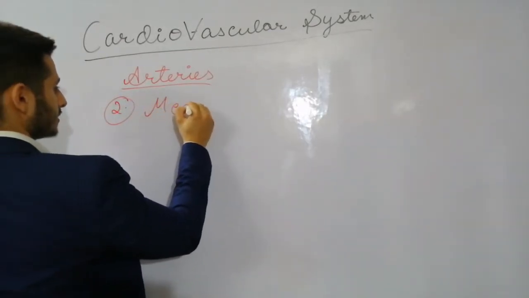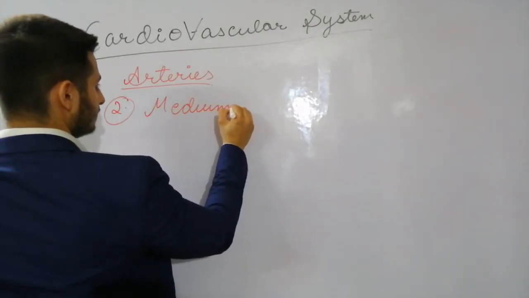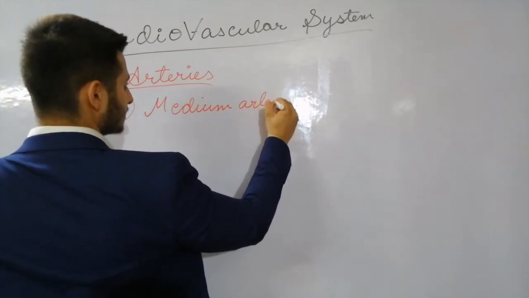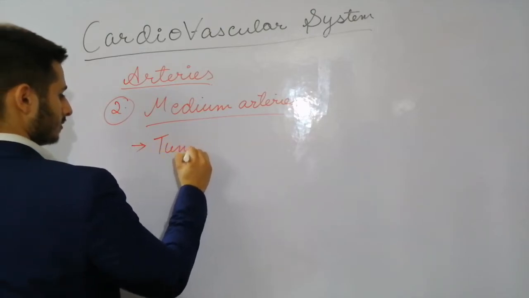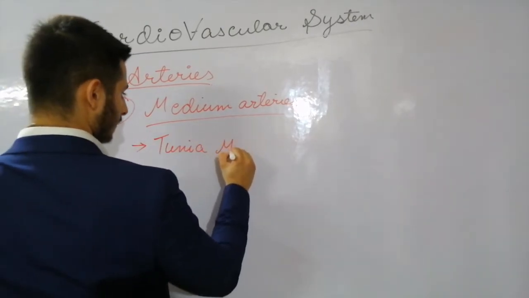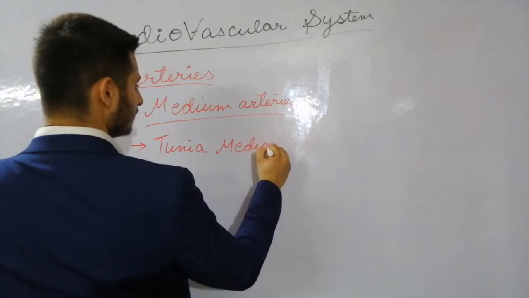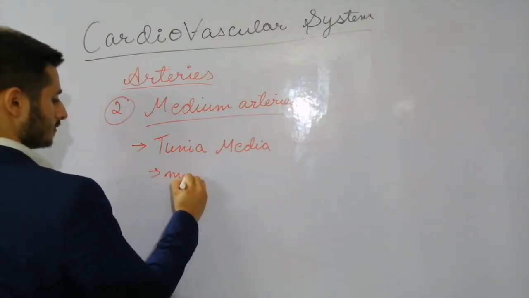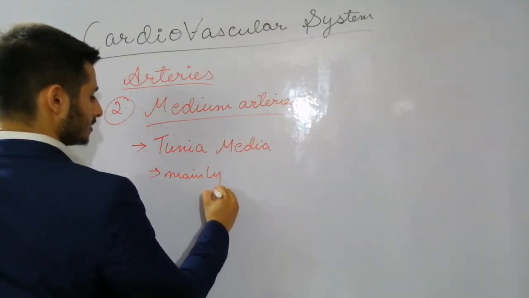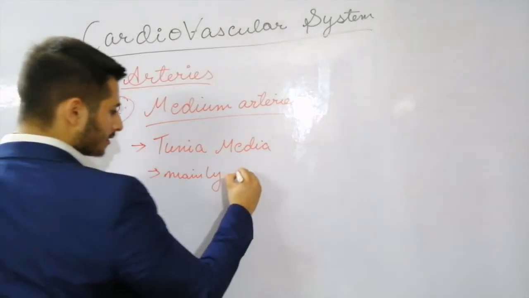We move on to the second class of arteries, that is medium arteries. The tunica media of these vessels is mainly composed of smooth muscle fibers.